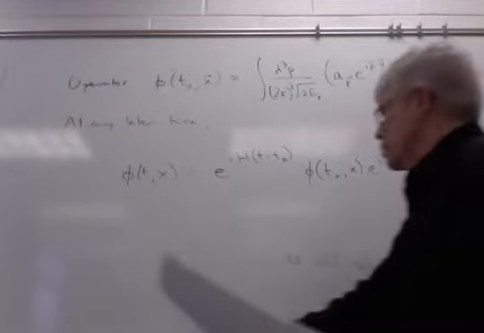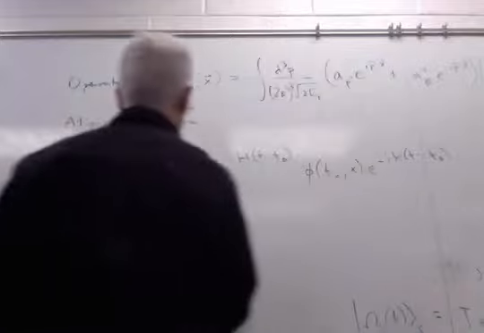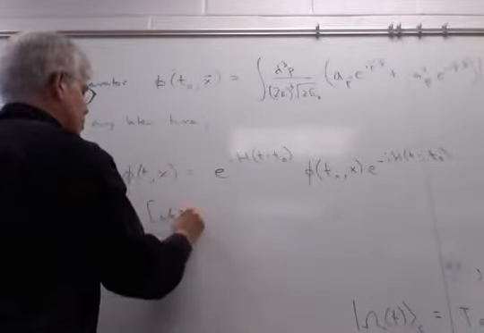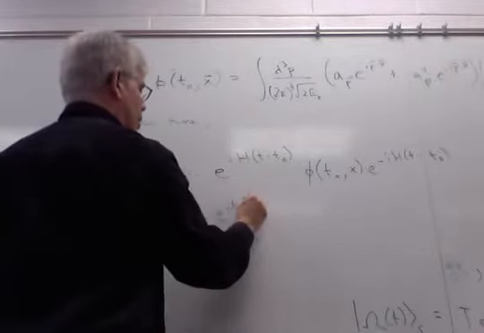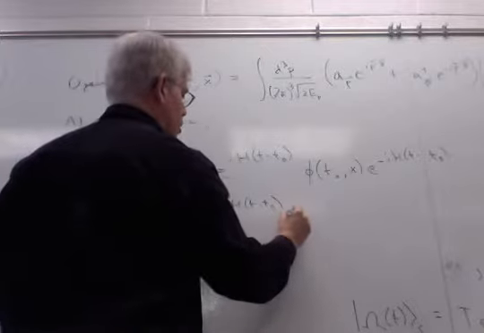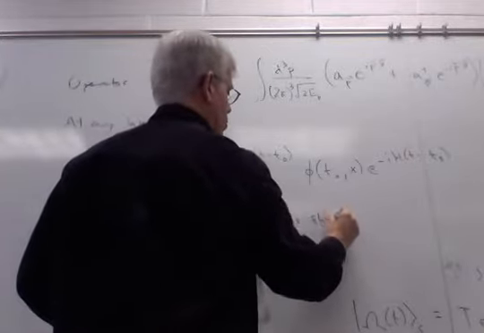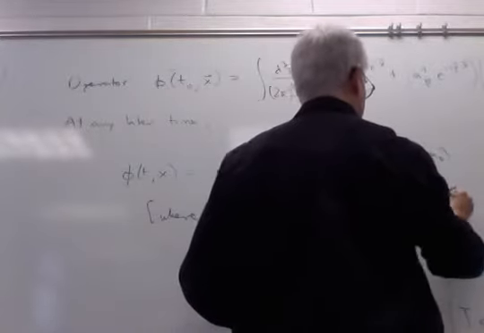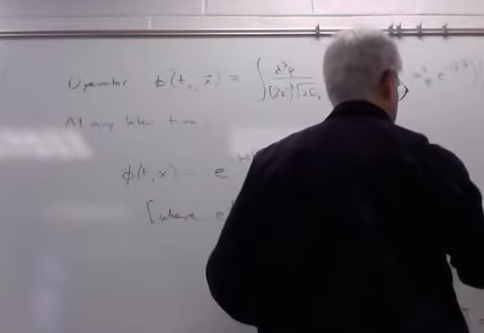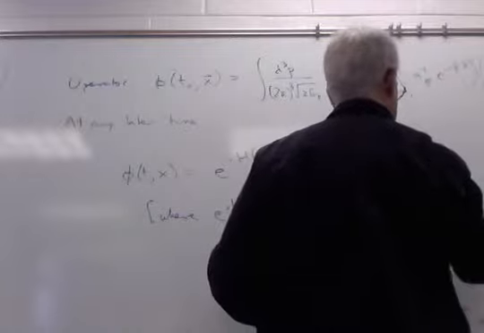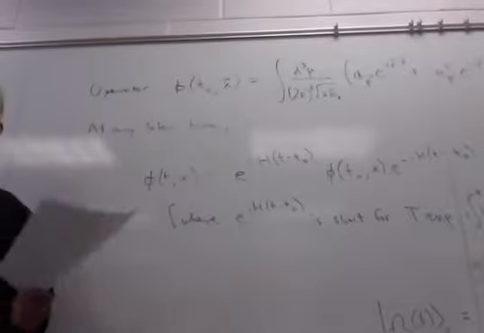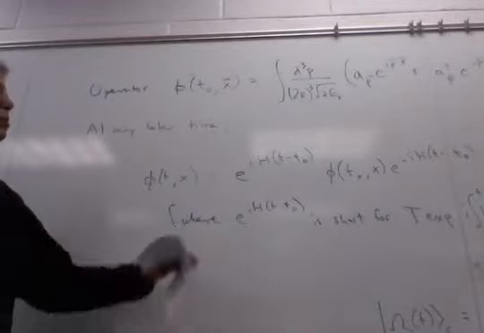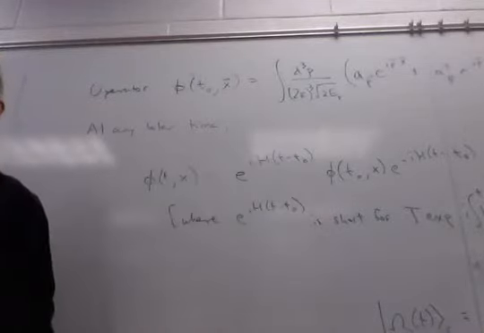Let me just say that explicitly. E to the i H (t minus t0) is short for the time-ordered exponential of i integral H of t. If H was time independent, this would be correct.